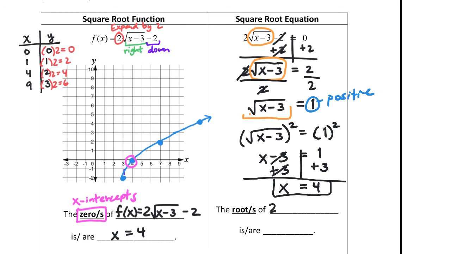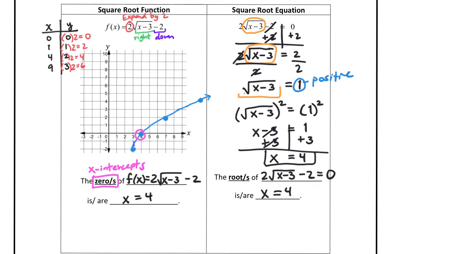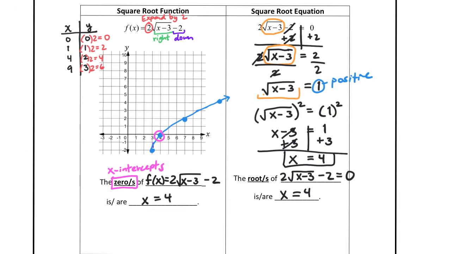So the roots of this equation that I solved, this is the equation that was originally up here, right? I'm just copying it down here. The roots of this equation is x equals 4. So what's the summary here, right? That the roots and the zeros are the same thing.